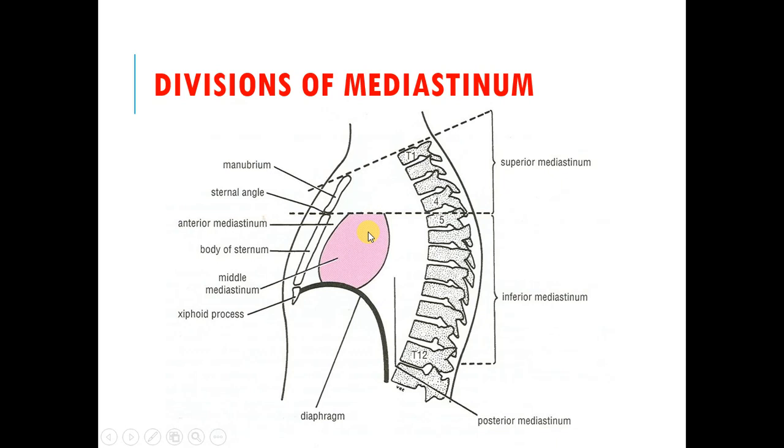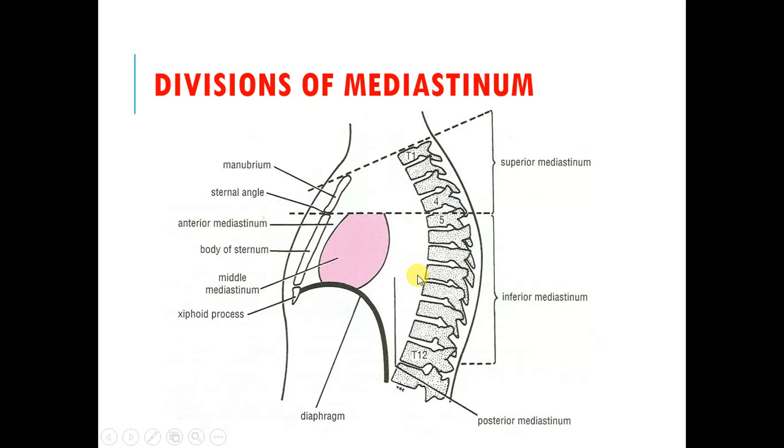It divides the inferior mediastinum into an anterior part between the pericardium and the body of the sternum, the anterior mediastinum; the heart itself with the pericardium and pericardial cavity, and also the phrenic nerves, which are very closely related with the fibrous pericardium, this includes the middle mediastinum; and posteriorly, from the 5th thoracic to the 12th thoracic vertebra, between it and the posterior part of the pericardium is the posterior mediastinum.